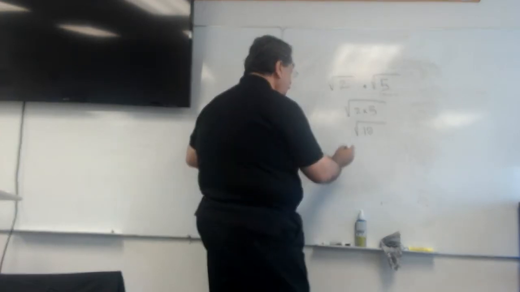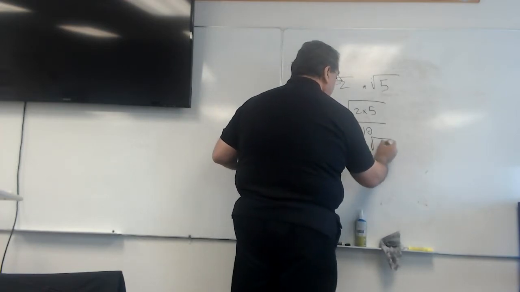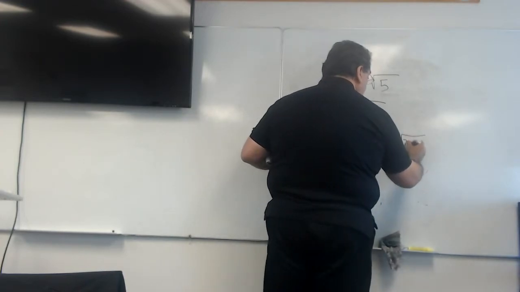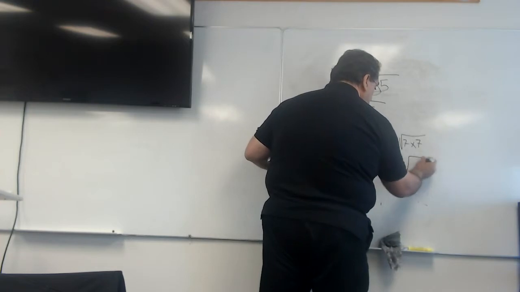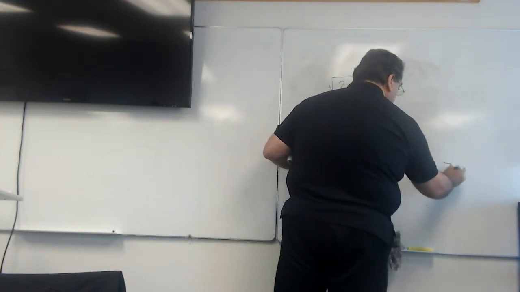If we had the square root of 7 times the square root of 7, this is equal to the square root of 7 times 7, or the square root of 7 to the power of 2. This can be divided by that, and comes out 7.